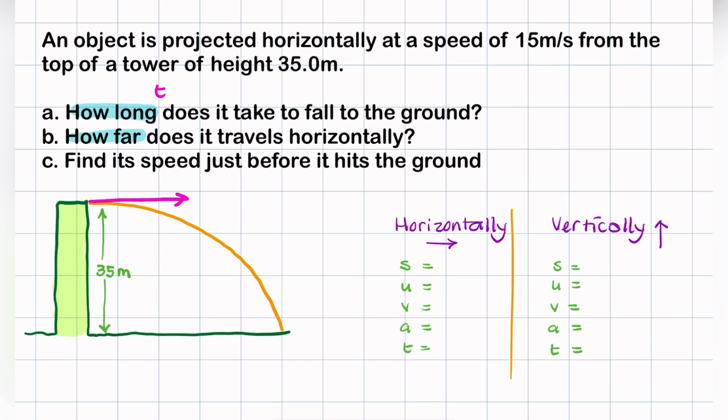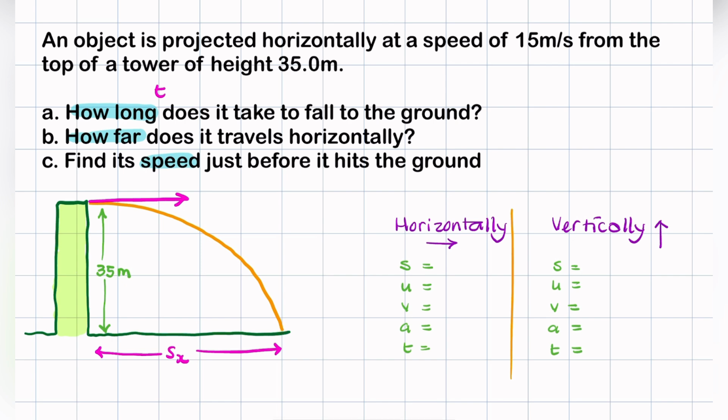So they're asking for this distance, x, or perhaps we should call it sx, the displacement in the x direction. And they're asking for the speed just before it hits the ground. So we need to find the magnitude of the velocity when it hits the ground.